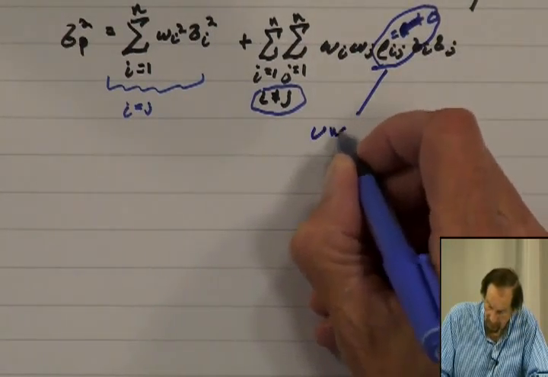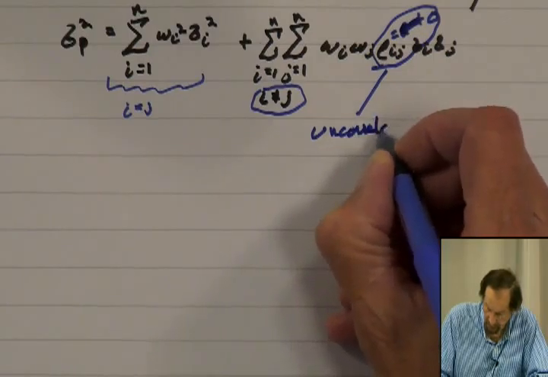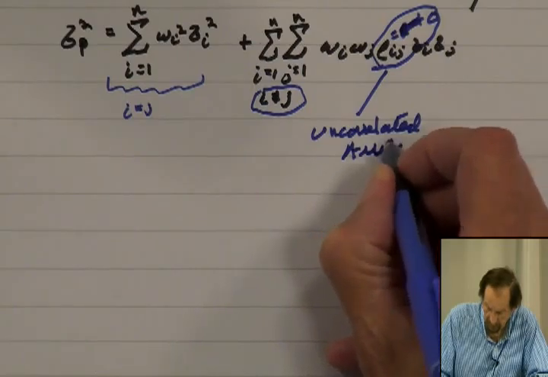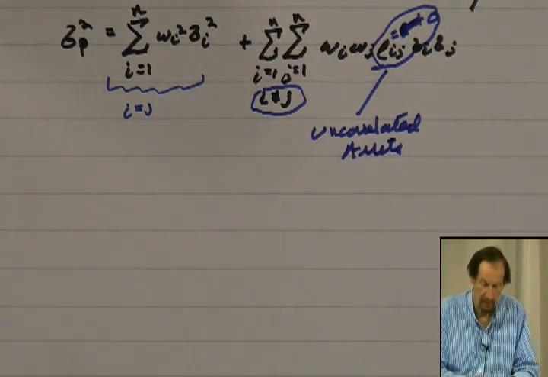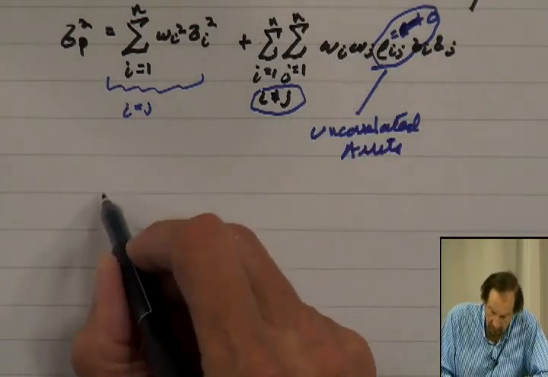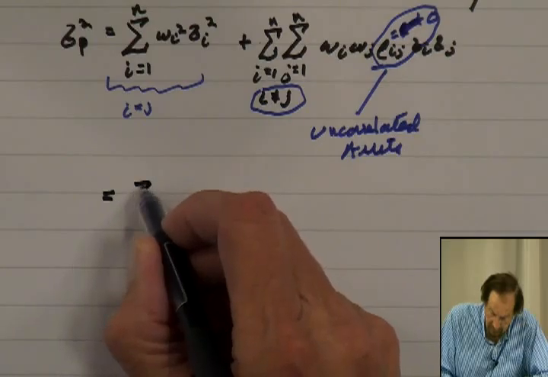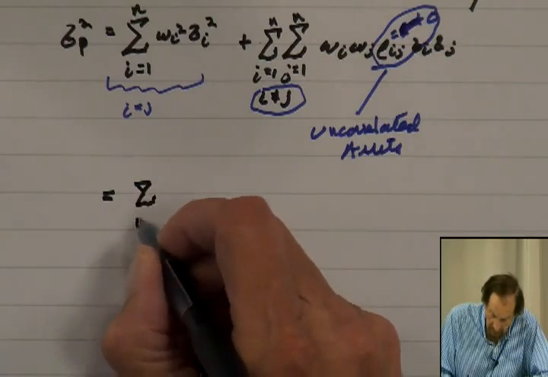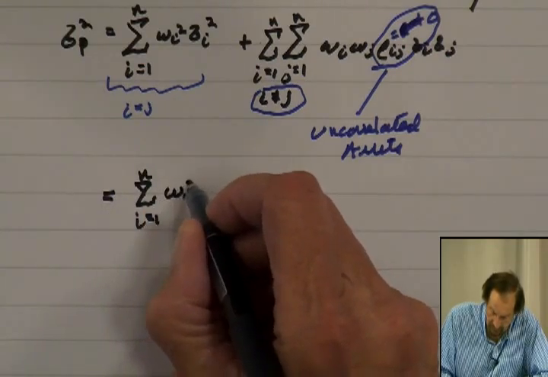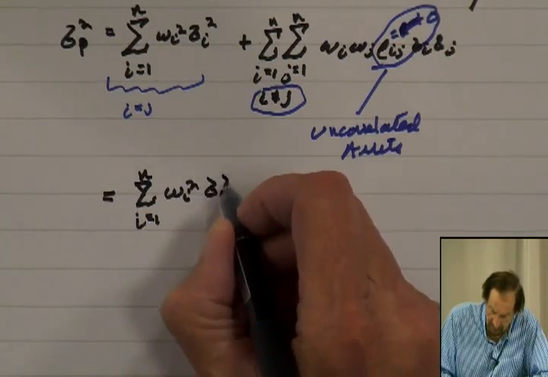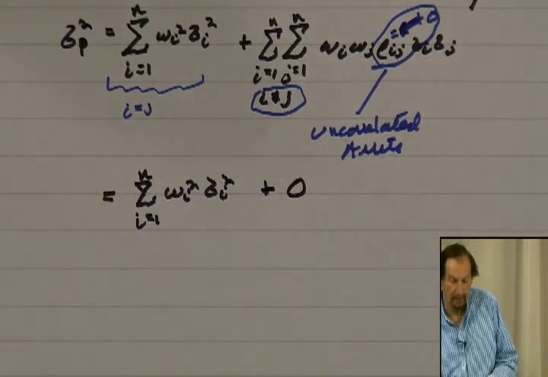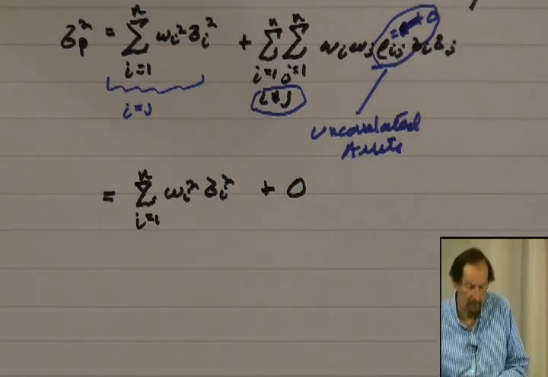Good. So if rho equals 0, this whole term goes away, and we just get the variance term, i equals 1 to n, w_i squared sigma_i squared, plus 0. The i not equal to j term goes to 0.